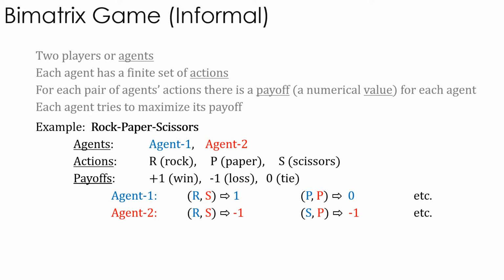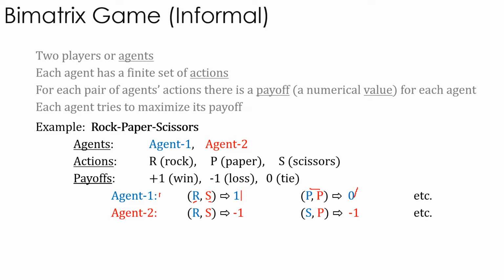For instance, when Agent 1 plays rock and Agent 2 plays scissors, then Agent 1 wins because rock wins over scissors, and so Agent 1's payoff is 1. Likewise, when both of them play paper, it's a tie and Agent 1 receives 0 as payoff.